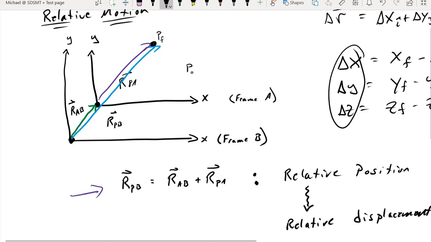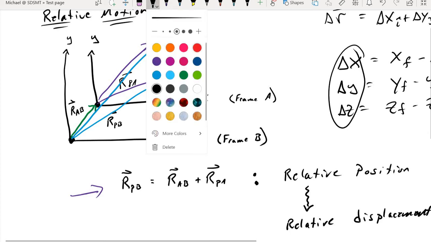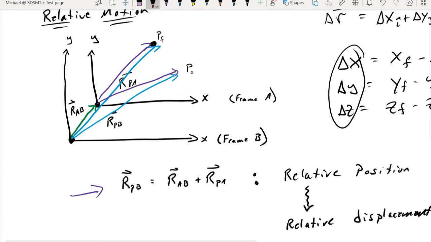But that final position of the particle is going to be described by the same change in x and y components.